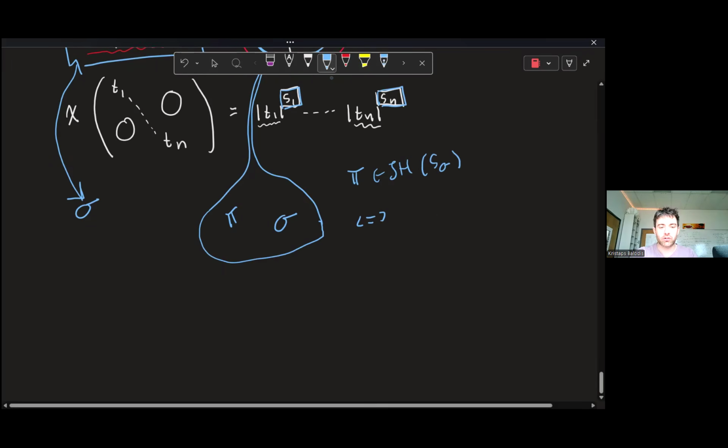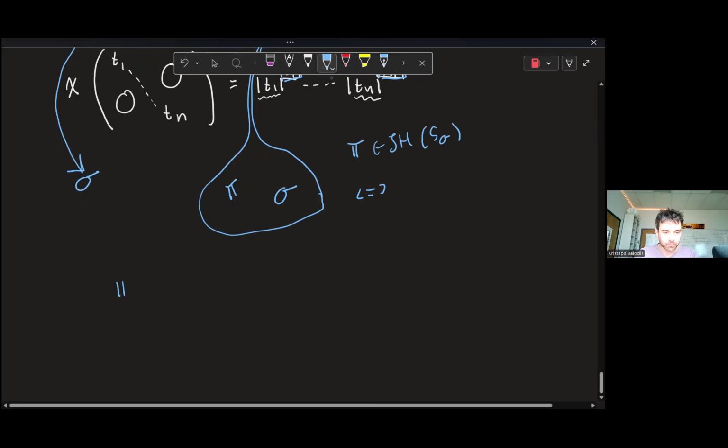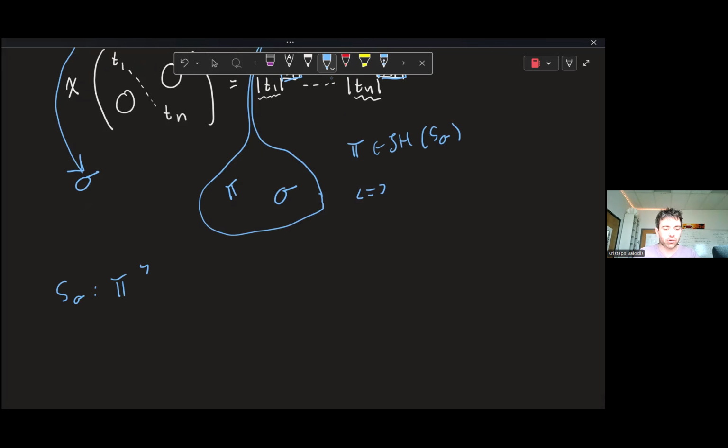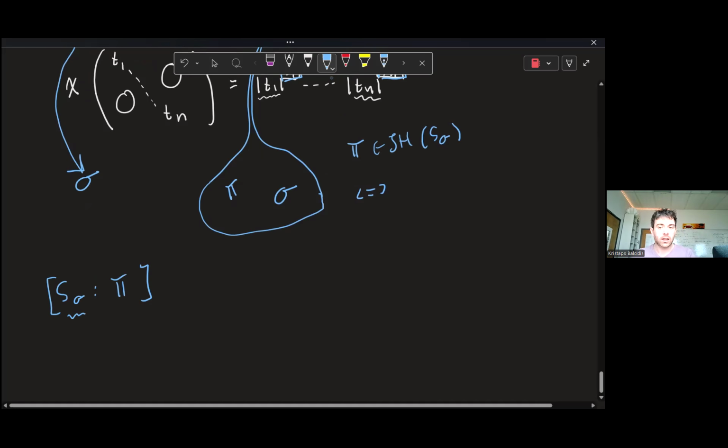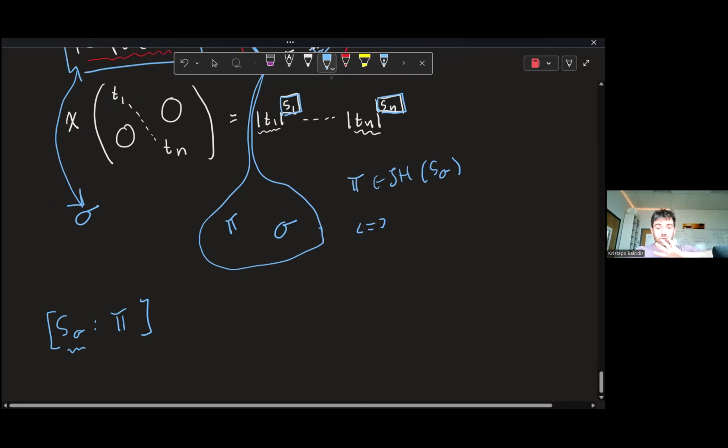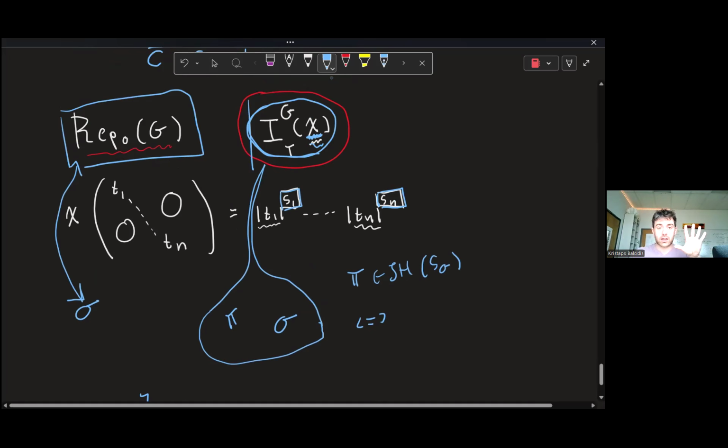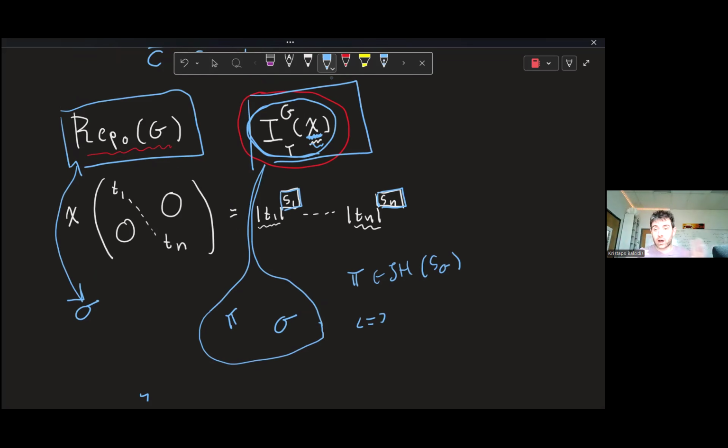So in other words, if I take two irreducible representations and I want to know, does pi show up in the standard representation of sigma? If pi and sigma don't embed in the same induction of a character, I know the answer is going to be 0. I can throw those out.